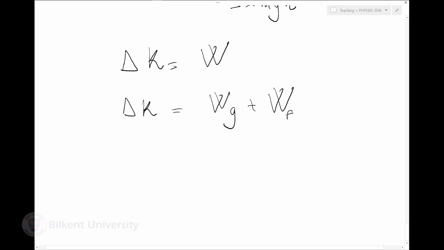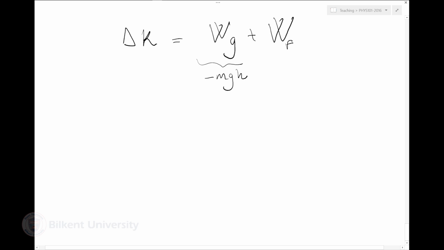And with a great trick, I'll just take minus mgh to the other side. I'll say delta K plus mgh is work done by other forces. And I'll even write this in another form.